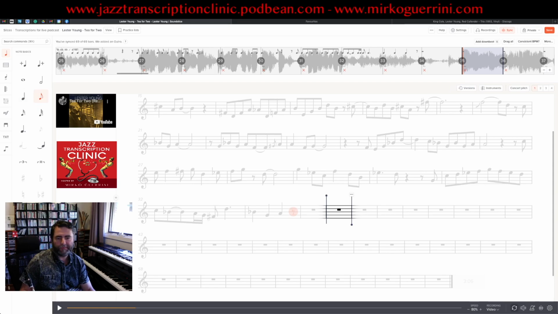So I made 2 crotchets, 2 B flat, 2 da, and then quavers.